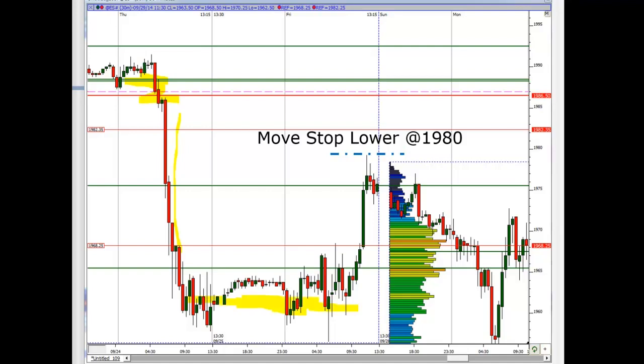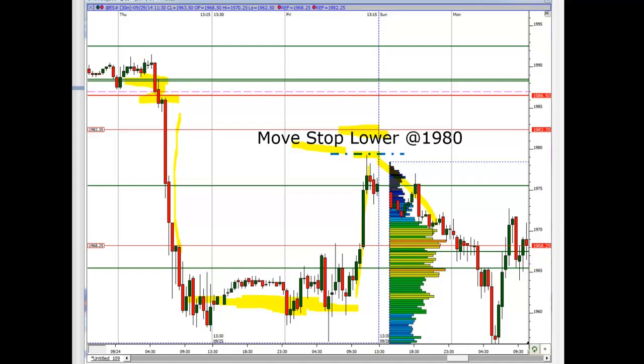Notice what happens. We get some buyers, then we come back up. How far up do we make it? Do we make it back up to our 1982, the magic line in the sand? We do not. So what happens? The market falters right at this level and drops lower. It is time for me now to move my stop lower to 1980 once prices start to drop again.